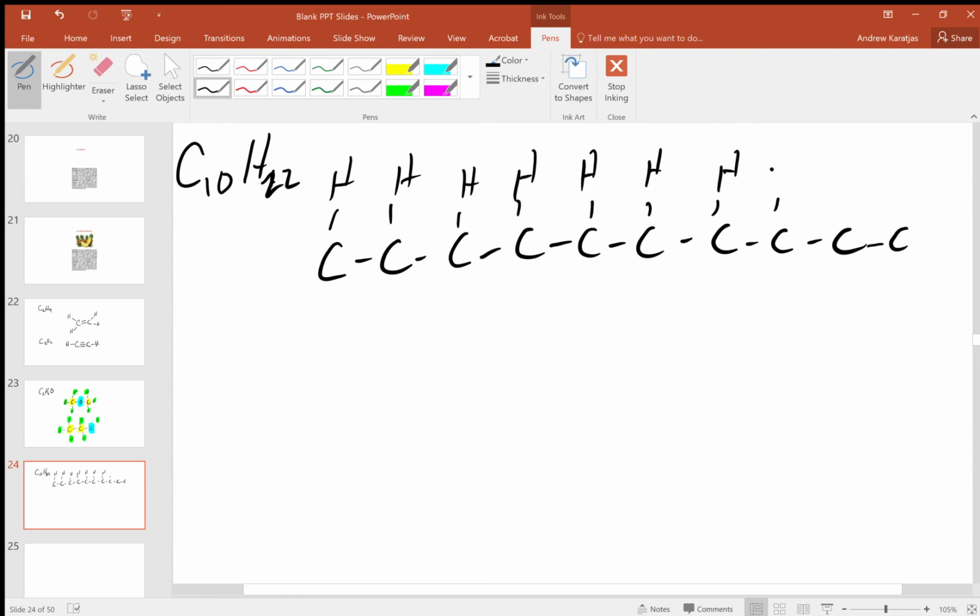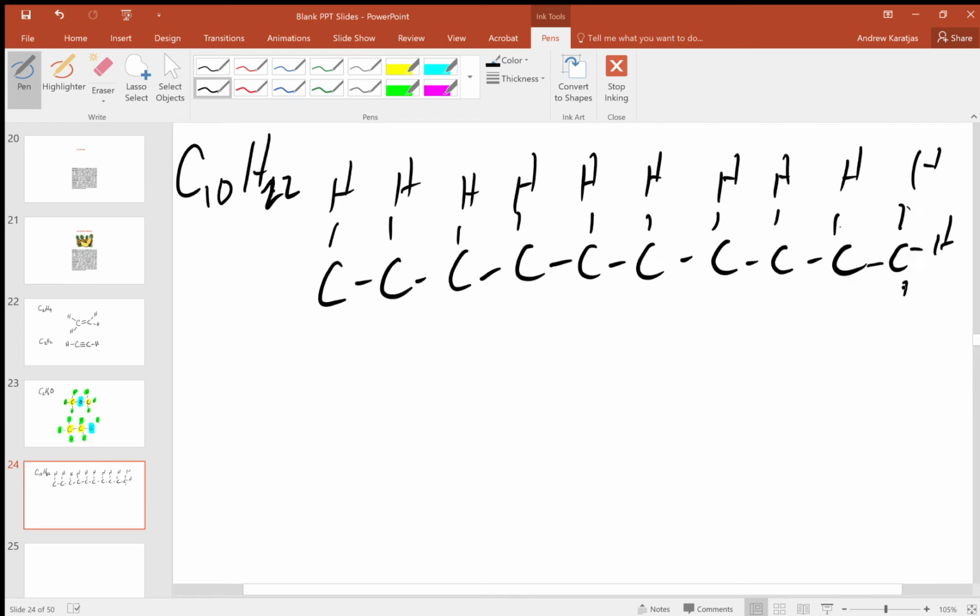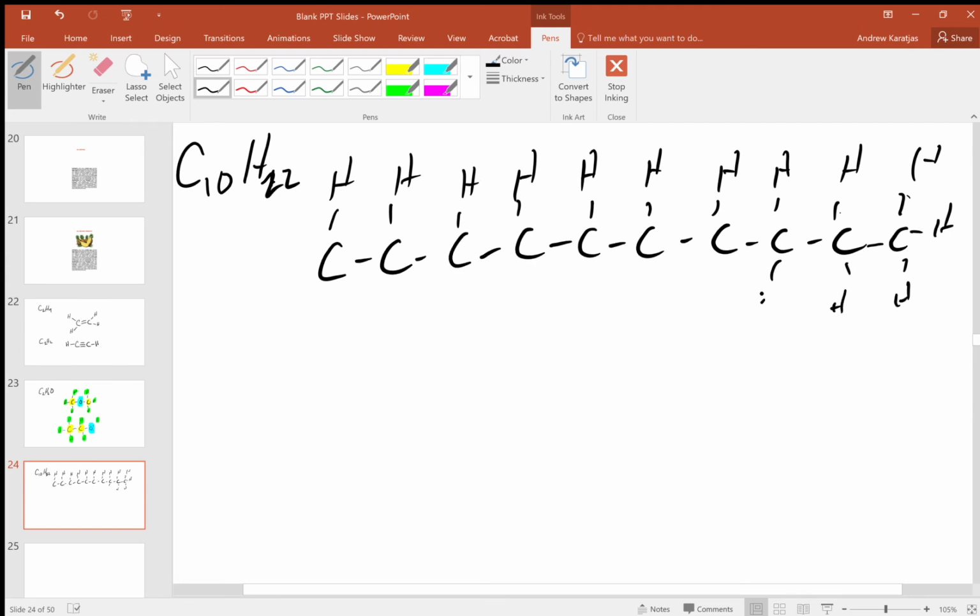But there's many other ways that we could have drawn C10H22. You're also seeing a good example here of why we will eventually learn what are called line structures, which are a simplified notation for drawing organic molecules. Just takes forever to draw all of these.